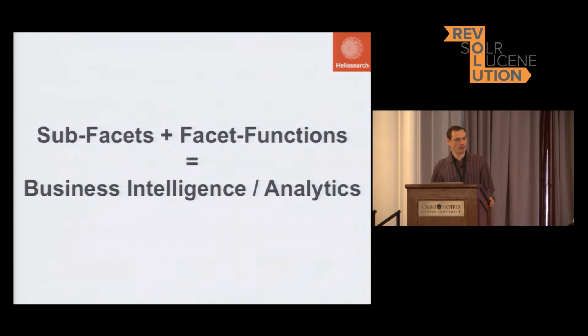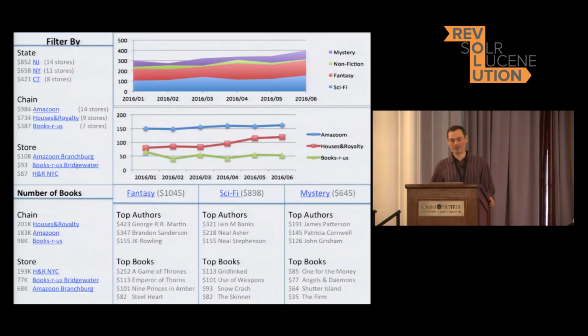So hopefully you realize, with these sub-facets and facet functions, you can do some pretty cool business analytics or business intelligence types of applications. This is just something that I mocked up quick. In general, we're dealing with revenue instead of document count here.